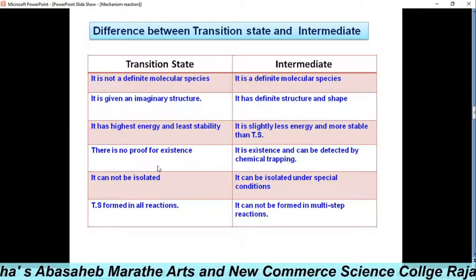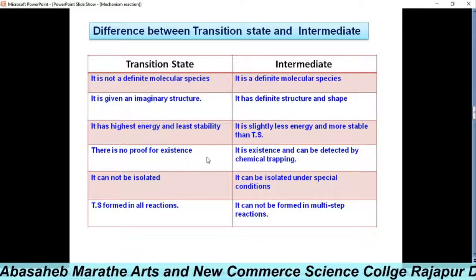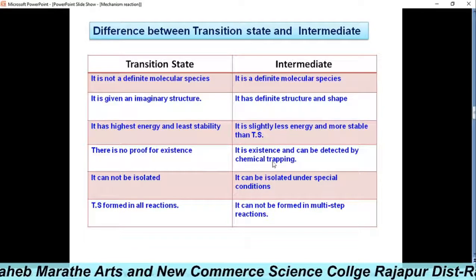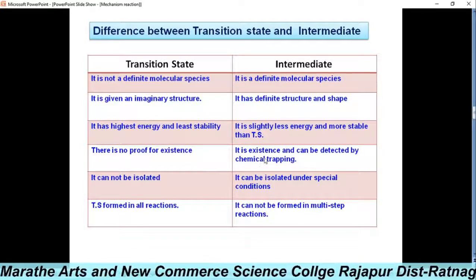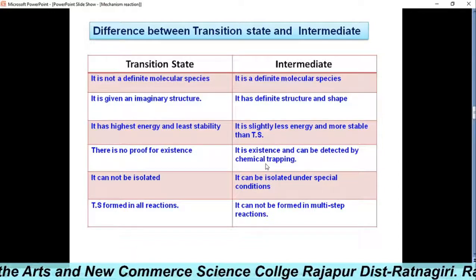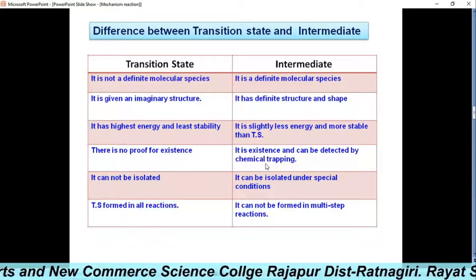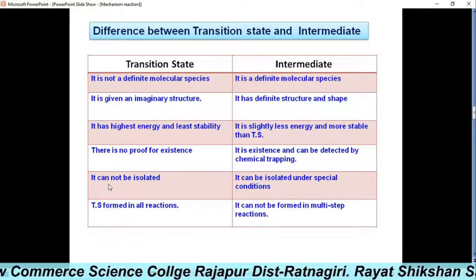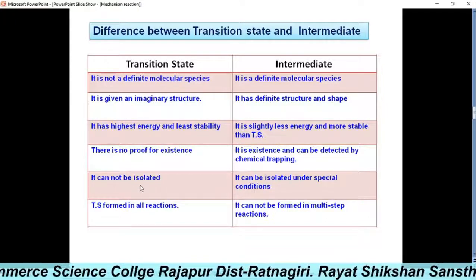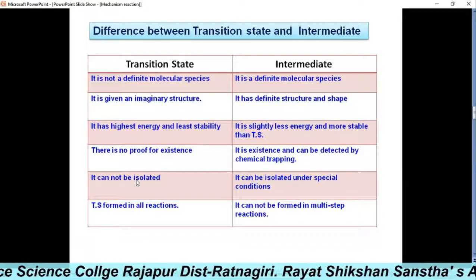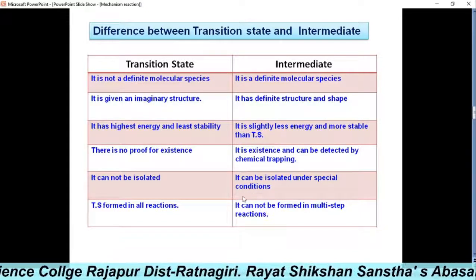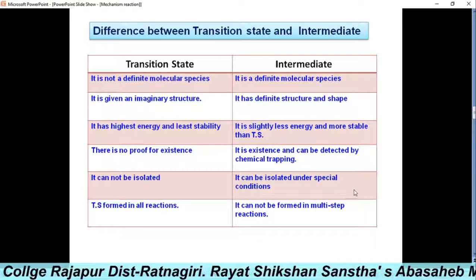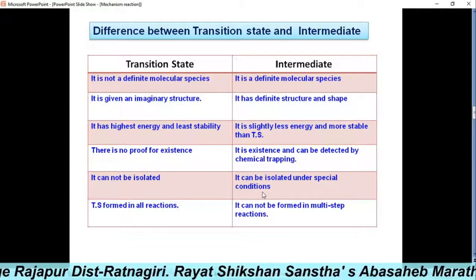There is no proof for the existence of the transition state, but the intermediate does exist and can be detected by chemical techniques. Next point, the transition state cannot be isolated, but the intermediate can be isolated under special conditions.